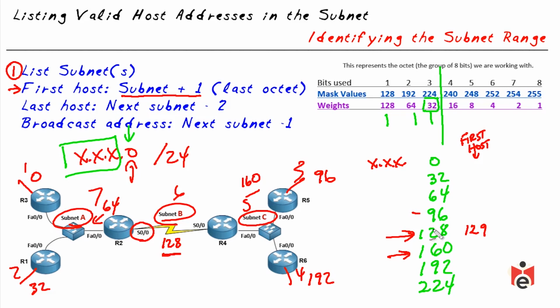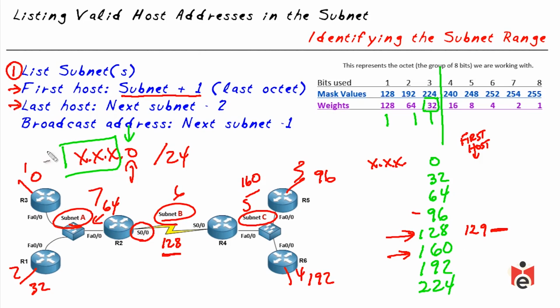And the reason that's important to know what the next subnet is that the range of IP addresses on the 128 subnet will never go as high as 160. Why is that? Because 160 is the next subnet. So if we wanted to calculate all the valid IP addresses on the 128 subnet, the very first host would be the subnet plus 1, and the very last host is going to be the next subnet right here.